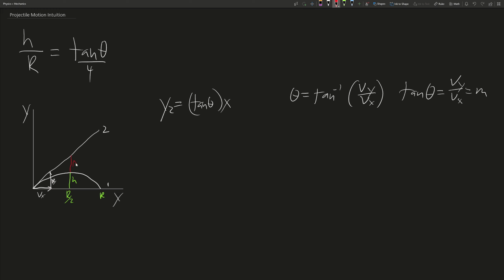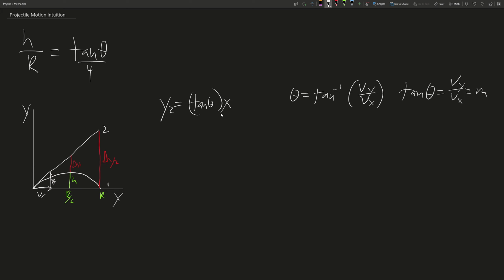The difference in height here, let's call that y1, and the difference in height here, let's call that y2. So these are the differences in height between the height of a projectile without gravity and the height of a projectile with gravity.